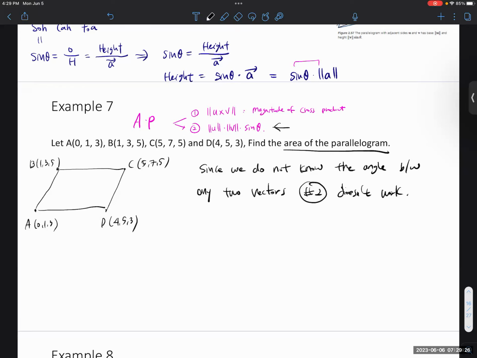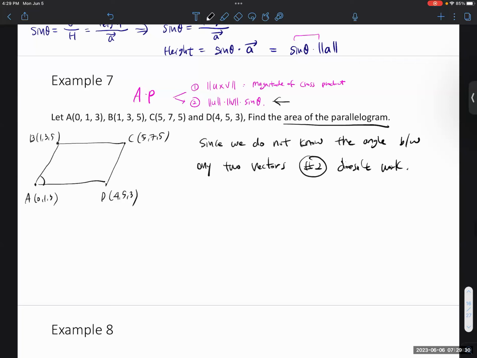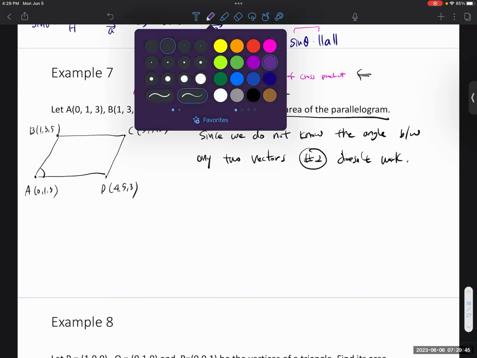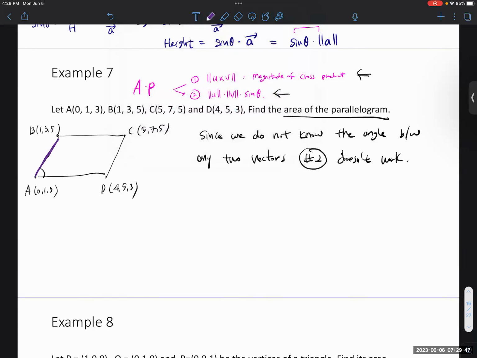Because we don't know the theta. The theta was not given. So thus, we're going to use the first formula. As long as you know the length of one vector and then the other vector, just cross product. So therefore, let's say this is a vector U. Let's say this is a vector V.